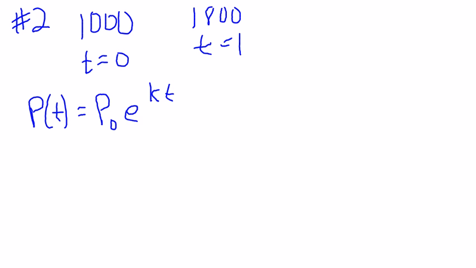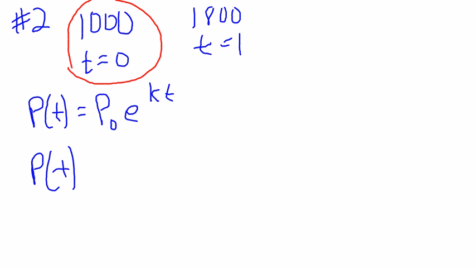The initial population is the population at time equal to 0, so that is 1,000. So I don't have to do any work to get that. P of t is equal to 1,000 e to the kt.